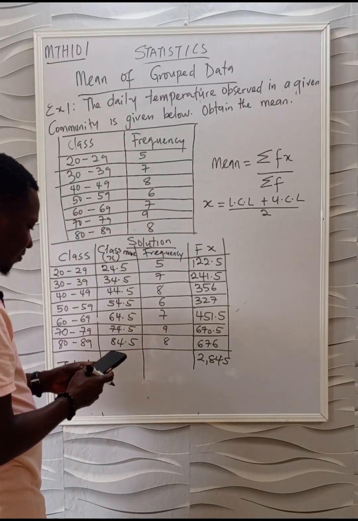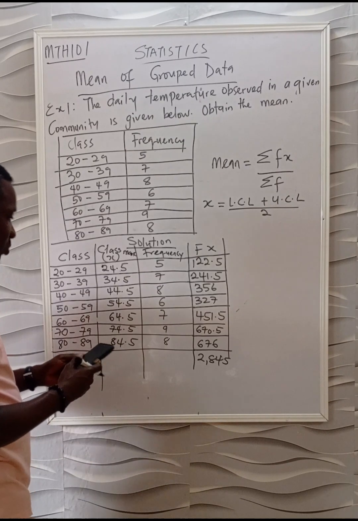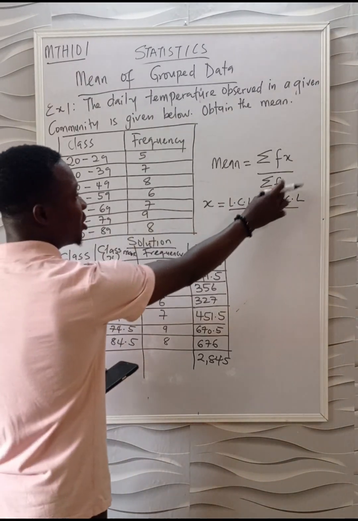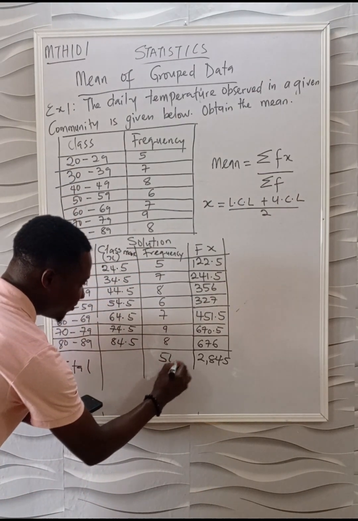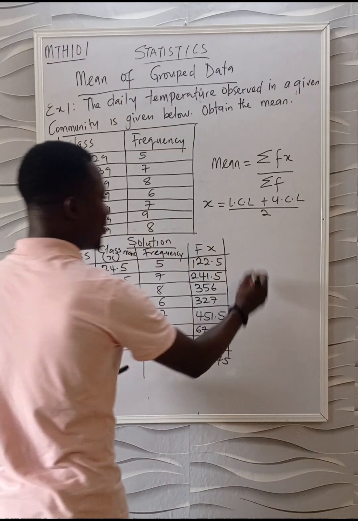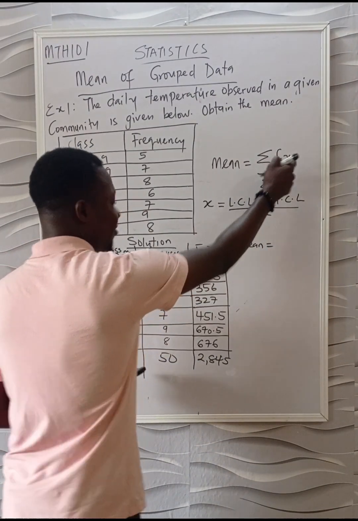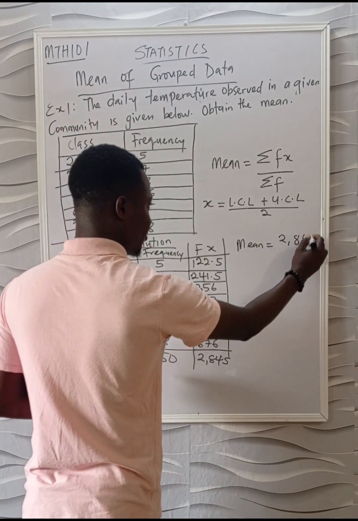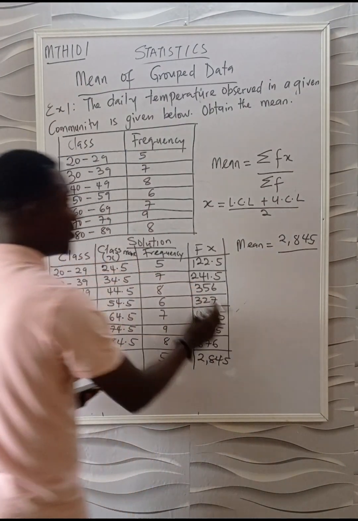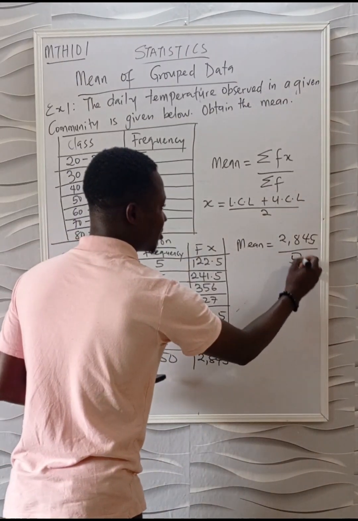So we add our frequency. We have 5 plus 7 plus 8 plus 6 plus 7 plus 9 plus 8. Why are we adding frequency? Because we are going to be dividing by the summation of our frequency. So we have 50. Going by that formula, our mean is equal to the summation of fx, which is 2,845, all over the summation of our frequency, which is 50.